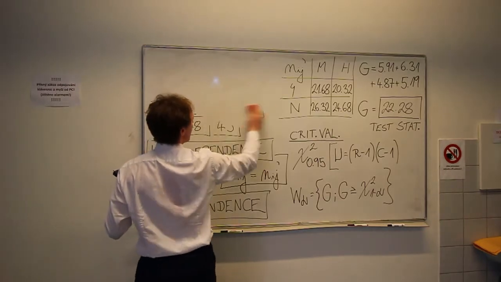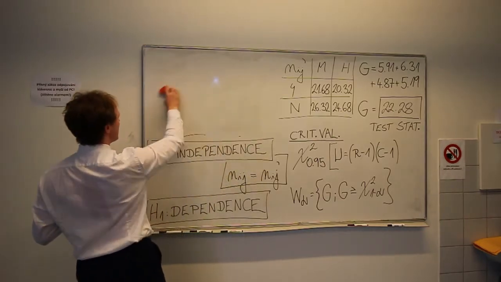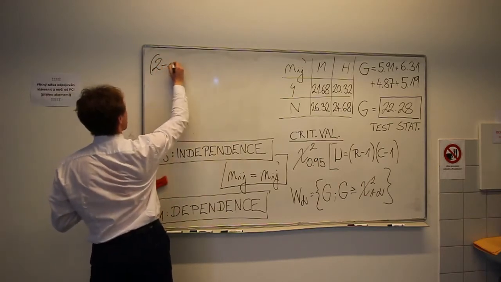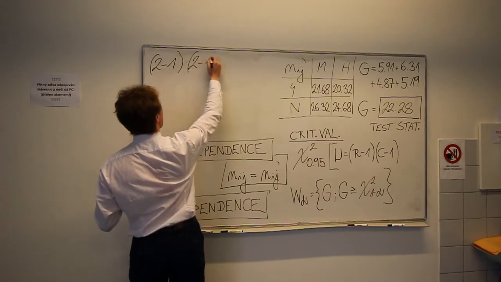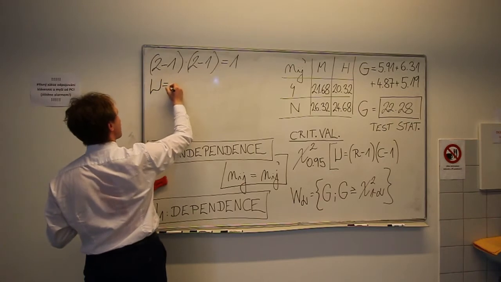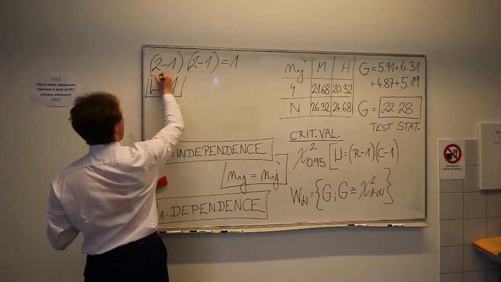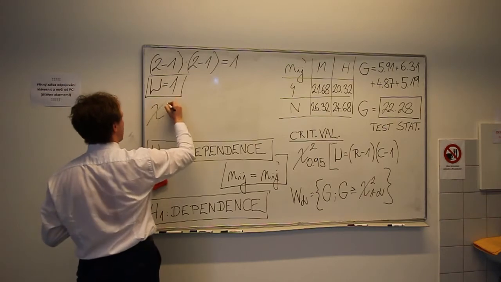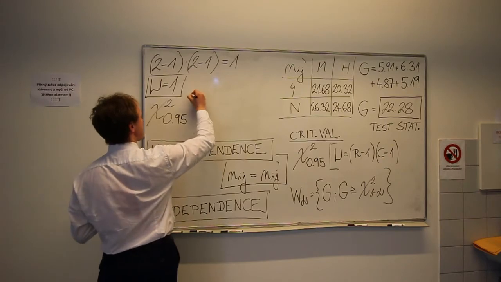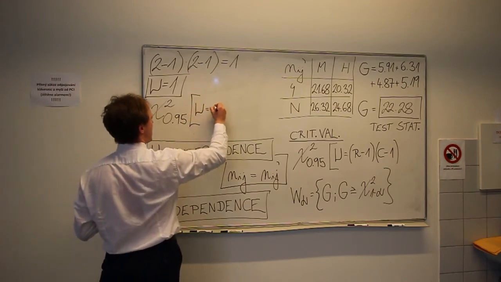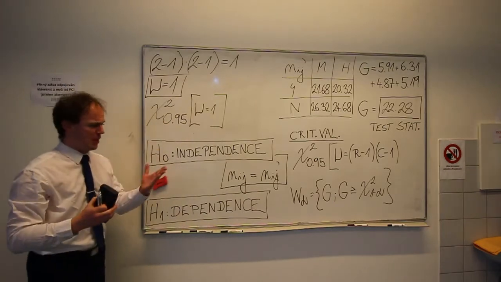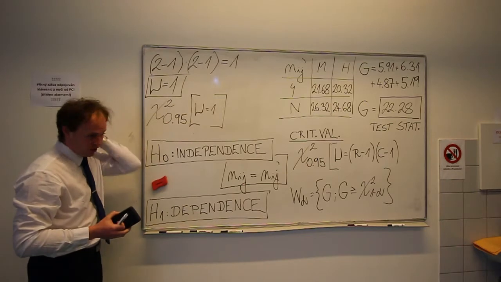So the calculation of degrees of freedom ni is 2 minus 1 times 2 minus 1, which is equal to 1, so we will use degrees of freedom ni equal to 1, and we are searching for the chi-square quantile 0.95 with degrees of freedom ni equal to 1. So please try to find this critical quantile.